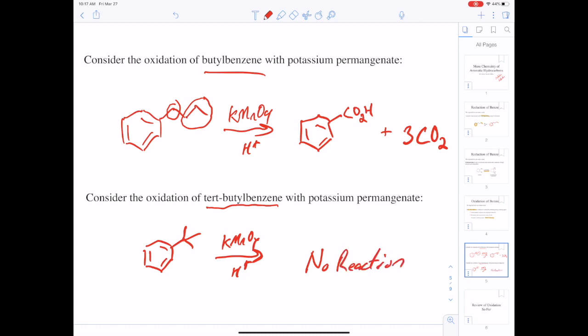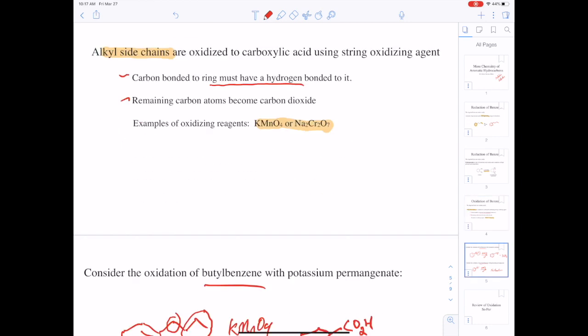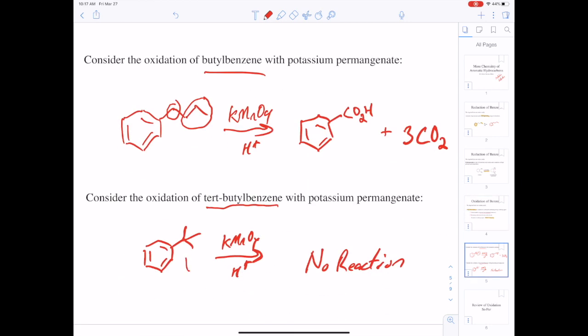And why is that? Because the carbon bonded to the ring must have a hydrogen on it. There is no hydrogen on that carbon, so we can't oxidize that carbon without breaking carbon-carbon bonds.